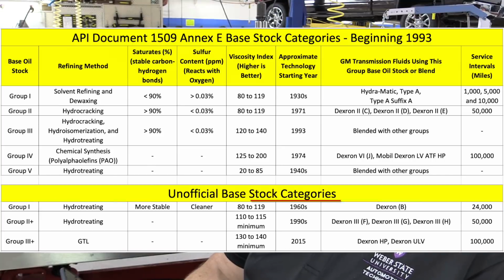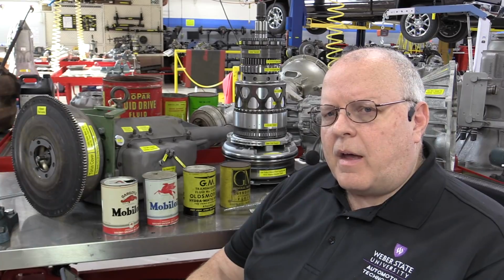In regard to viscosity indexes, typically a higher viscosity index number is a better base oil, and it would require less additives to maintain that viscosity. Keep in mind that a transmission fluid is much more than just the base oil that it's made from.